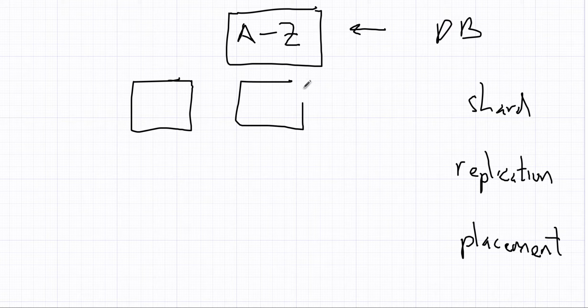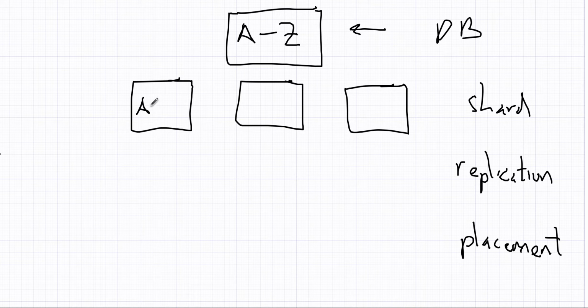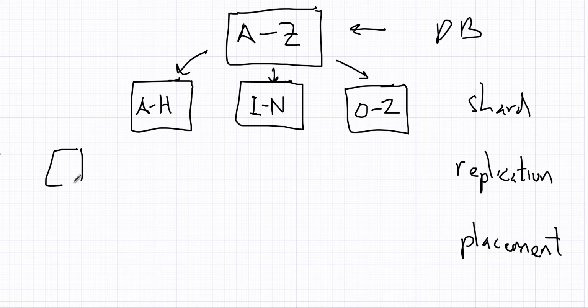So the sharding layer, I did A through H, I through N, and then O through Z here. So I've taken the database and split it up into 3 different shards, and then I'm going to replicate. So this is A through H 3 times.